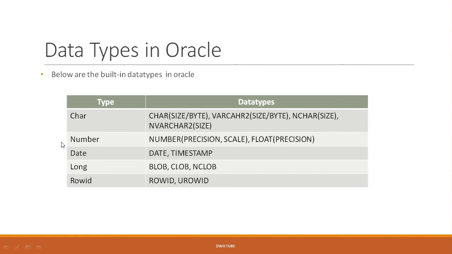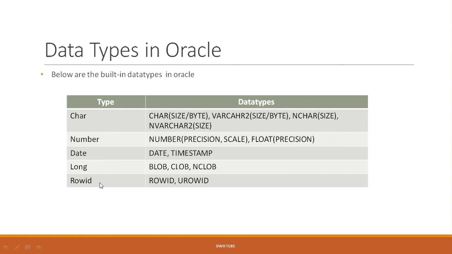I have segregated them on the basis of type. So basically char types are char, varchar, nchar, and nvarchar2. Number types are number and float. Date types are date and timestamp. Long types are blob and nblob.